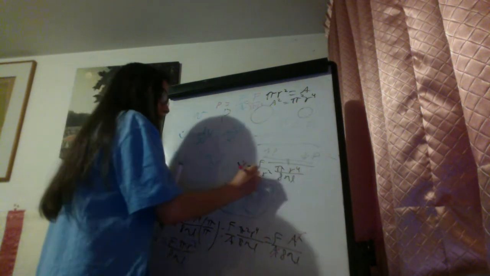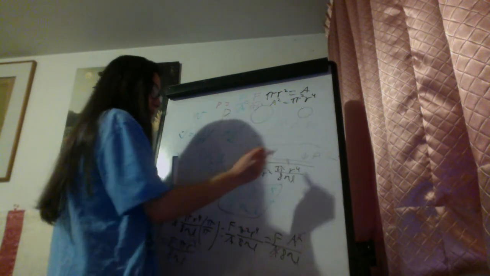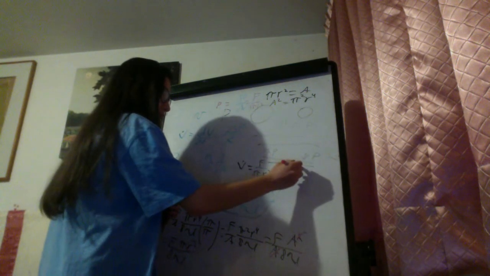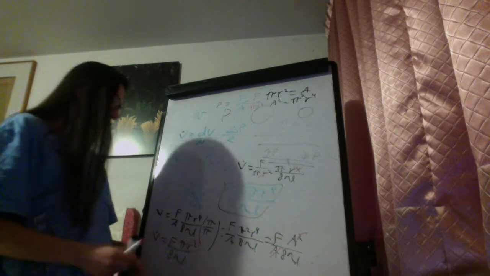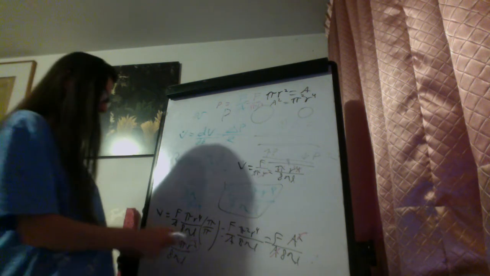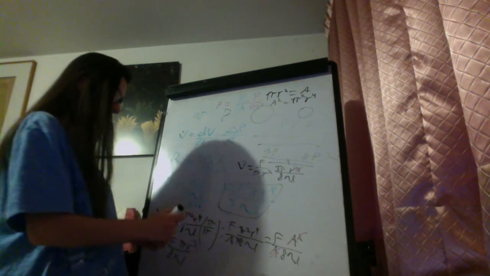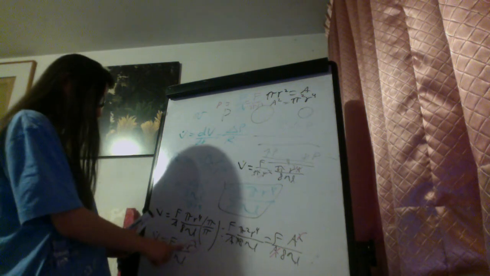Again, here we cancel these pi's, and this goes to square, and we have the same thing. Oh, sorry, here I forgot to put a pi here, and so here there is no pi.